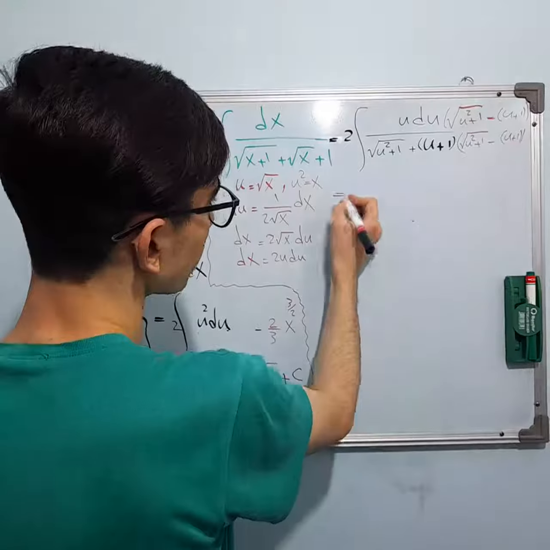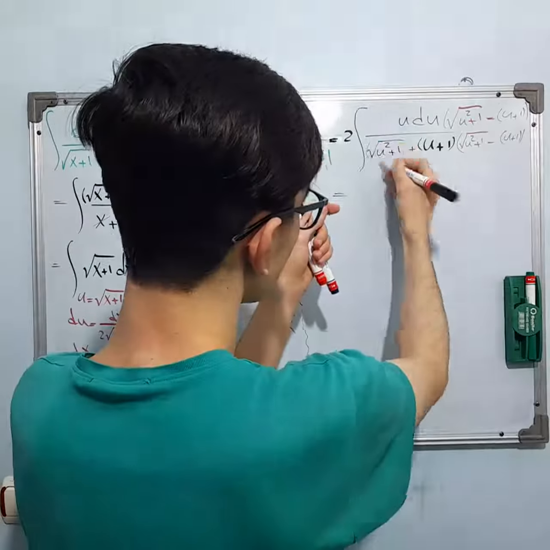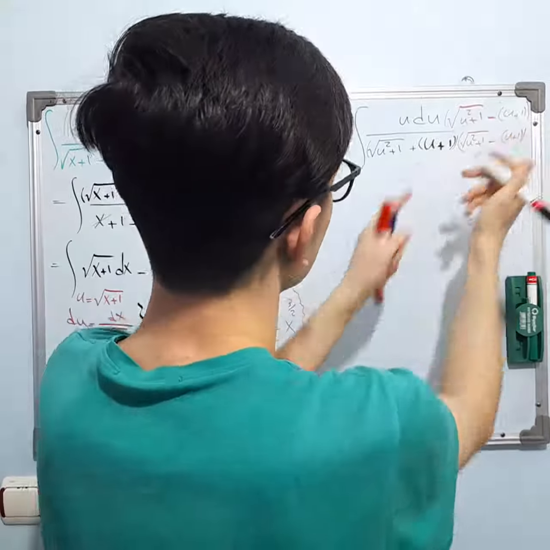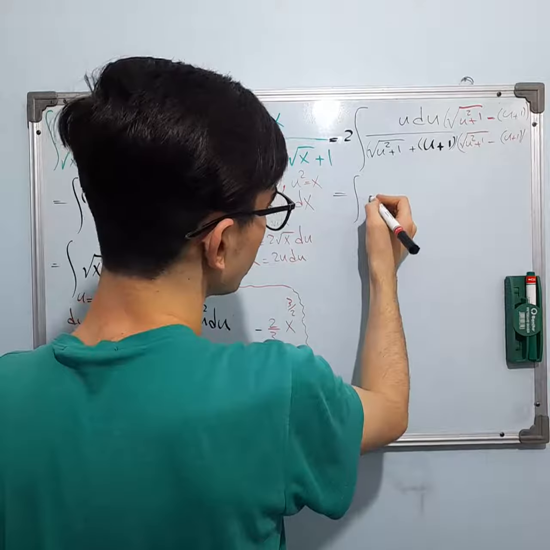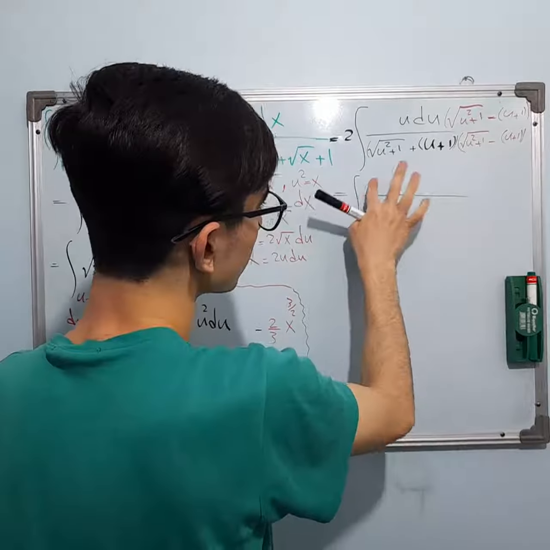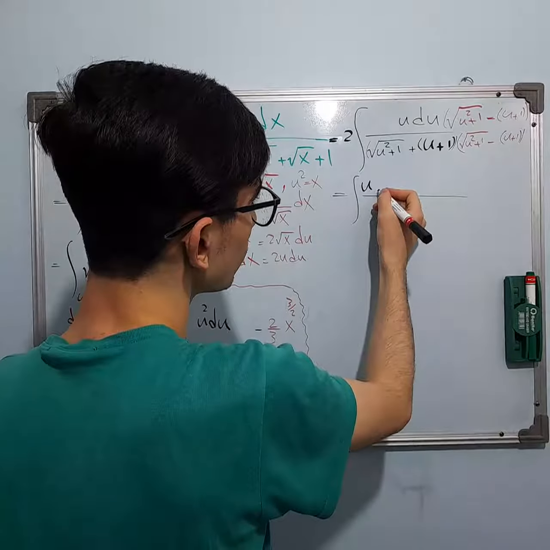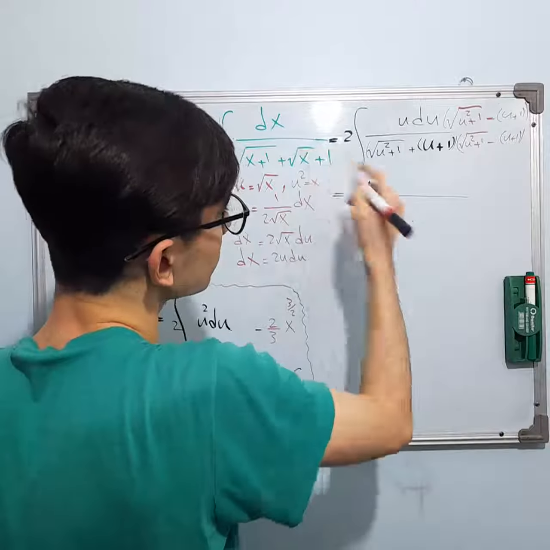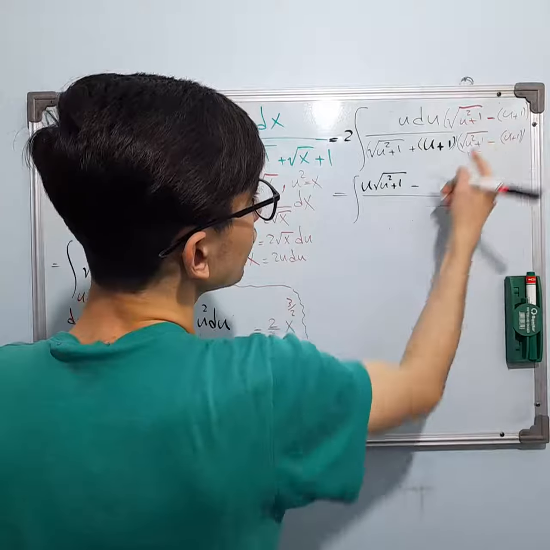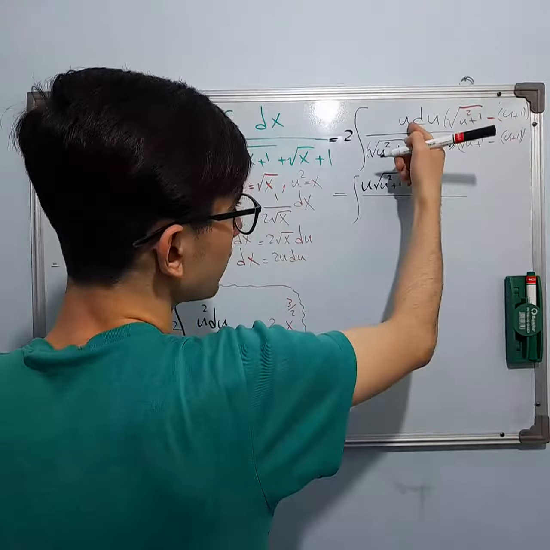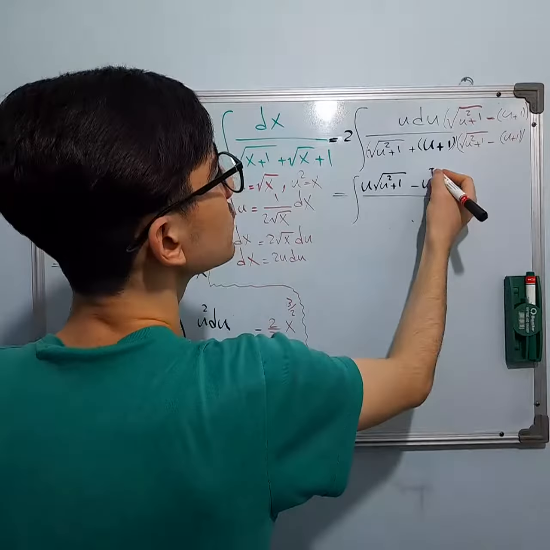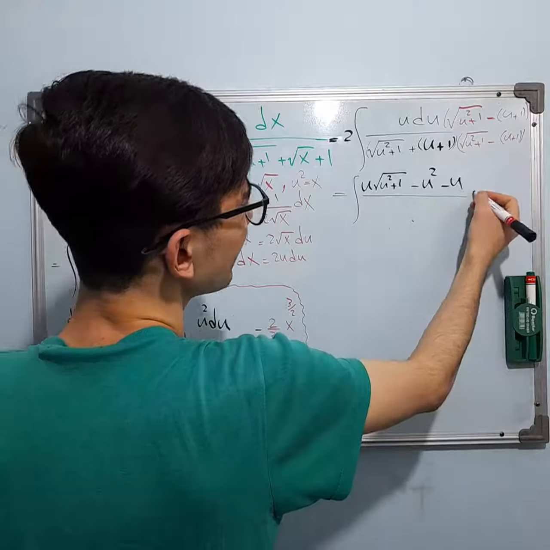Now if I multiply this guy by this guy, it's this one squared minus this one squared. So now the integral of u times (square root of u squared plus 1 minus u minus 1) du.